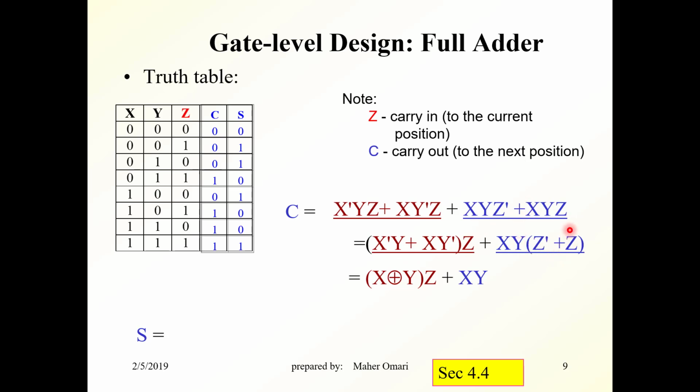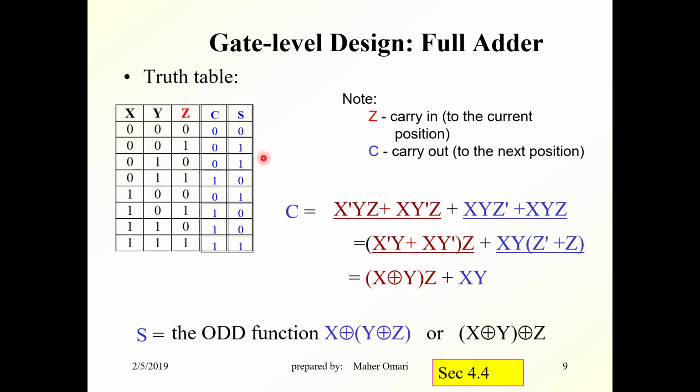Now this is equal to 1, so this ends up with xy, and this is equal to the exclusive OR of x and y. The whole thing ended with z. Now, if we take a look at what S is, we find out that S is the odd function. It's the exclusive OR of x, y, and z from here.